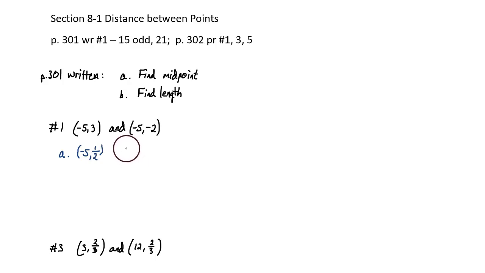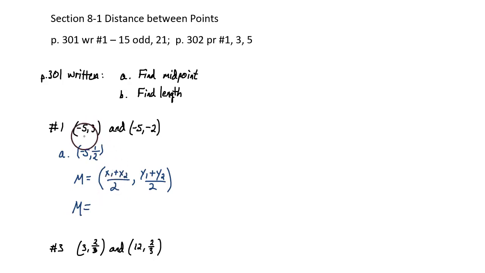Then you're going to want to use the midpoint formula. To find the midpoint, let's call it M, you would average the x-coordinates, add them together, and divide by 2. And you would average the y-coordinates, add them together, and divide by 2.